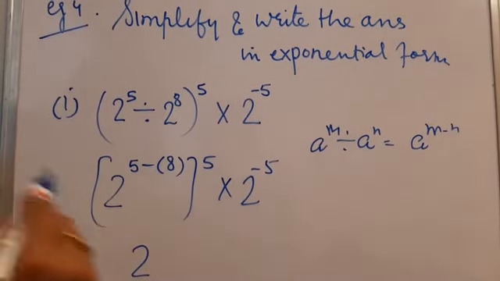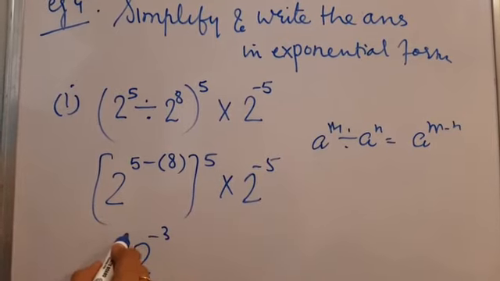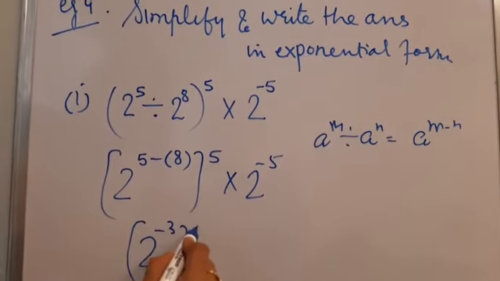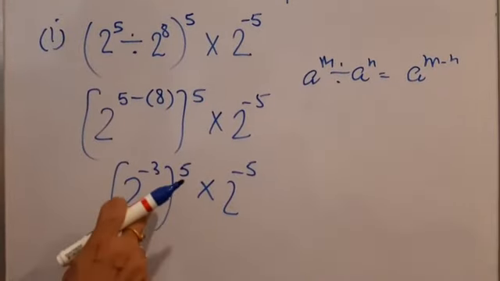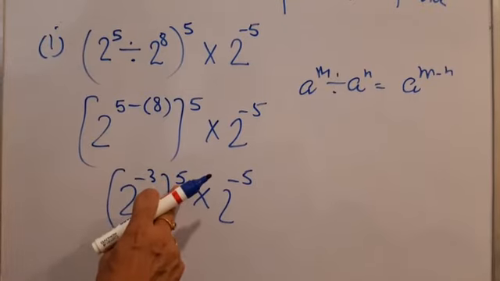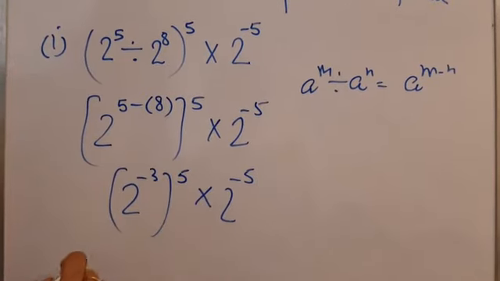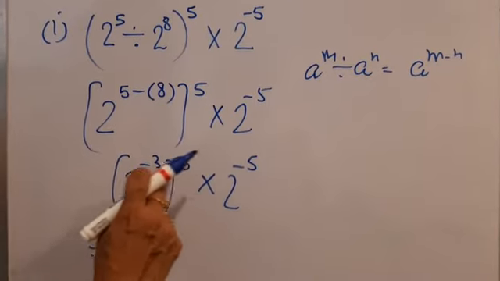5 minus 8 means bigger minus smaller, sign of the bigger. This will come in the bracket and here 5 will come. Now the second rule we will apply here: a raised to power m, to the power n, will be a raised to power mn, which means we will multiply both the powers.